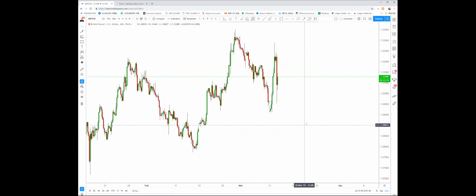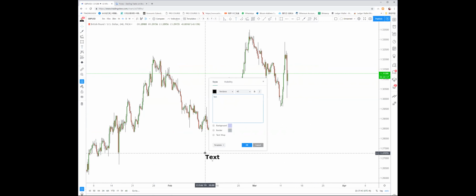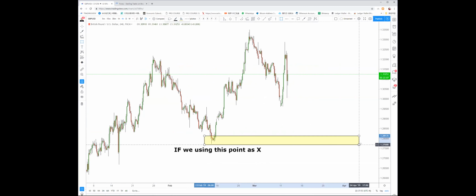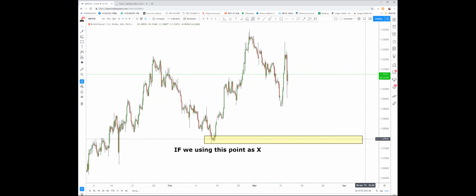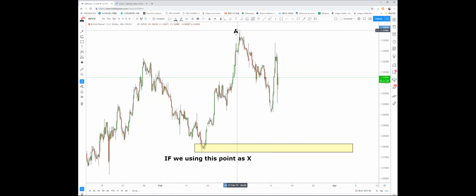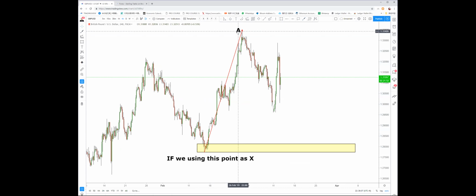If we're using this point as X, and you believe that this 1.2 is strong, and we capture this as A, so we have the leg XA. Do you agree? Can we do this? If you agree, please type 6.